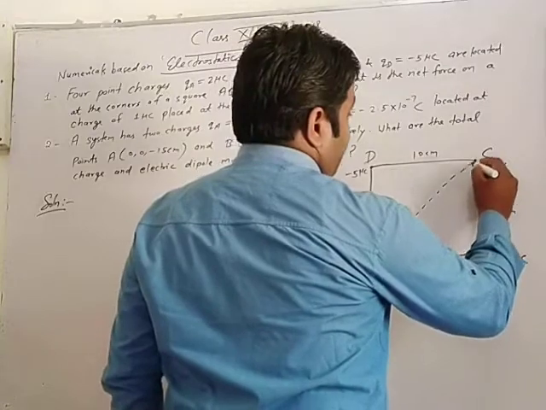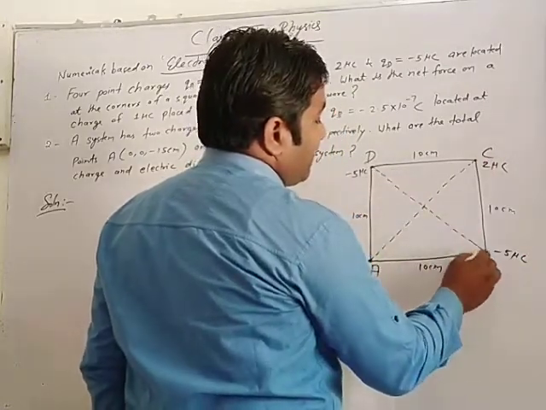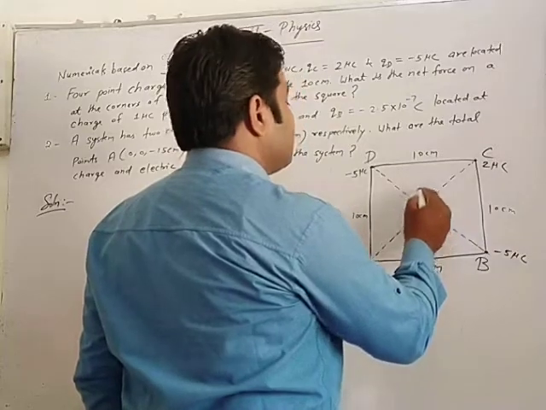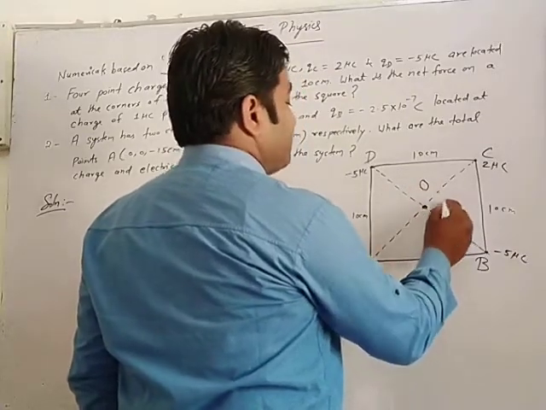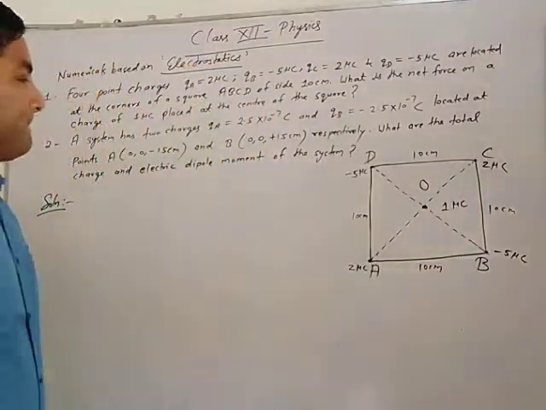Now let's draw diagonal AC and diagonal BD, which intersect at a point. Suppose this one is O, and at this point 1 microcoulomb charge is placed.